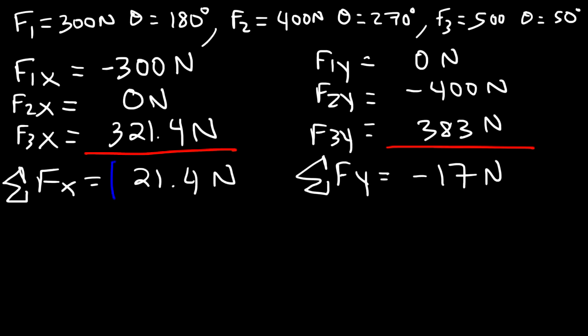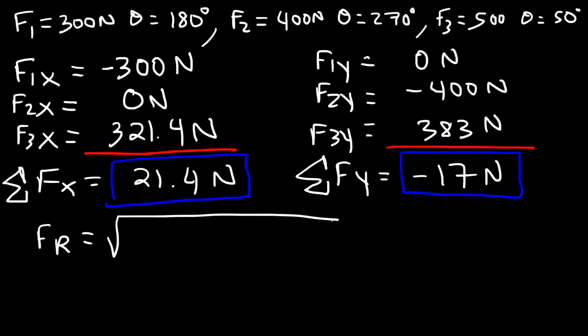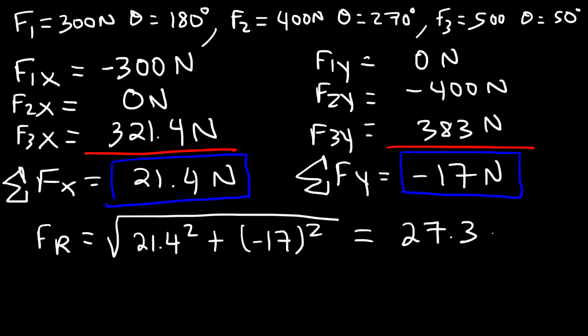So now that we have F of x and F of y, let's find the magnitude of the resultant force vector. It's going to be the square root of 21.4 squared plus negative 17 squared. So I got a magnitude of 27.3 newtons.